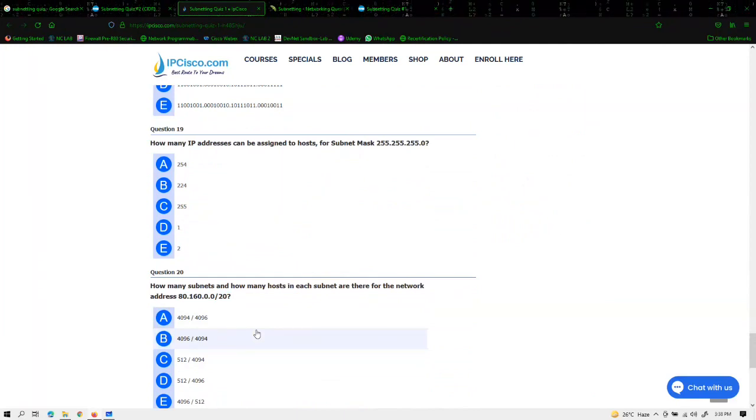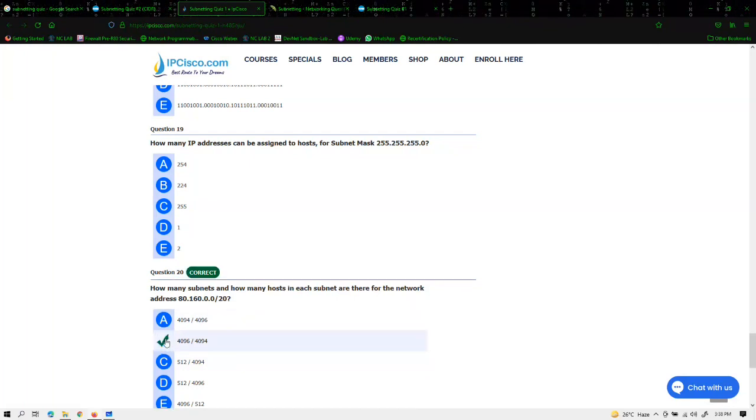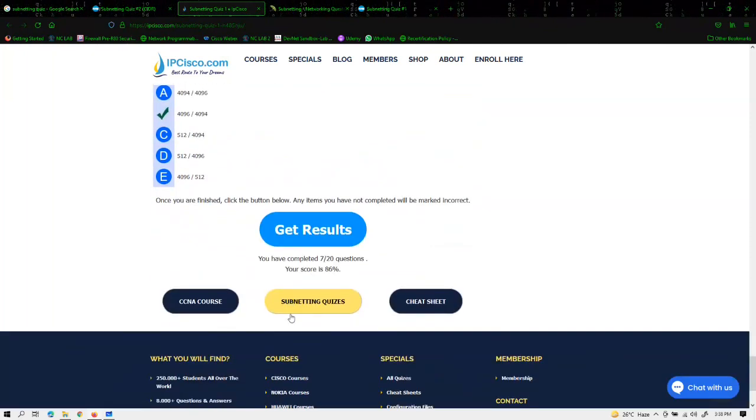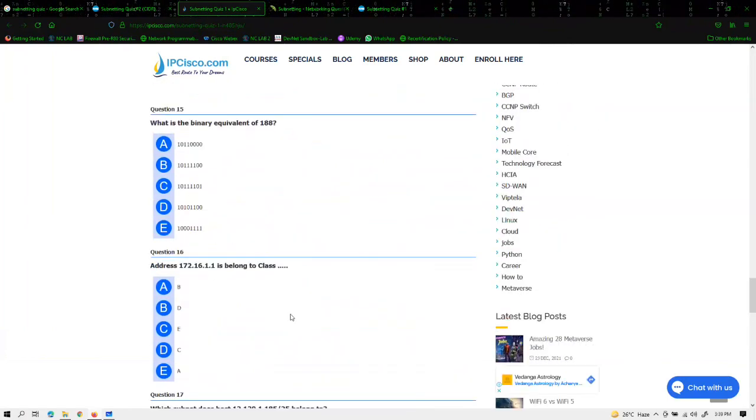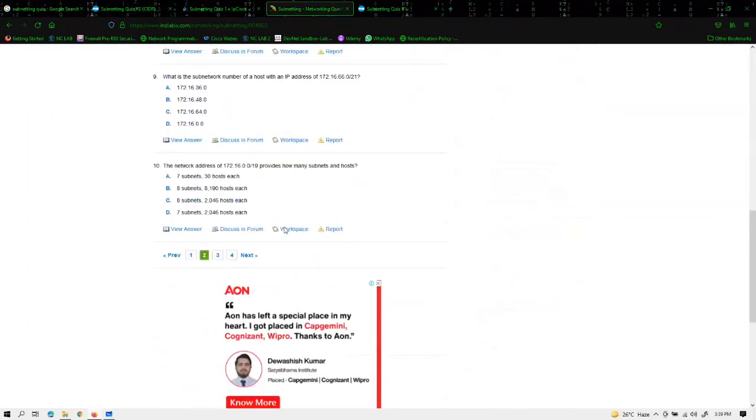The number of hosts will be 4094. Number of subnets will be 2 to the power 12, not minus 2, to the power 12, which is 4096. Okay. So this is how we can perform subnetting.